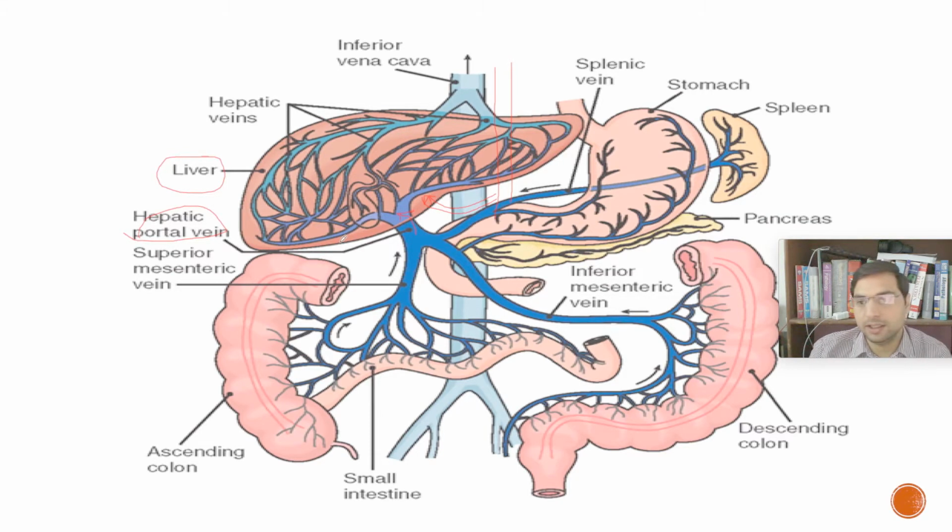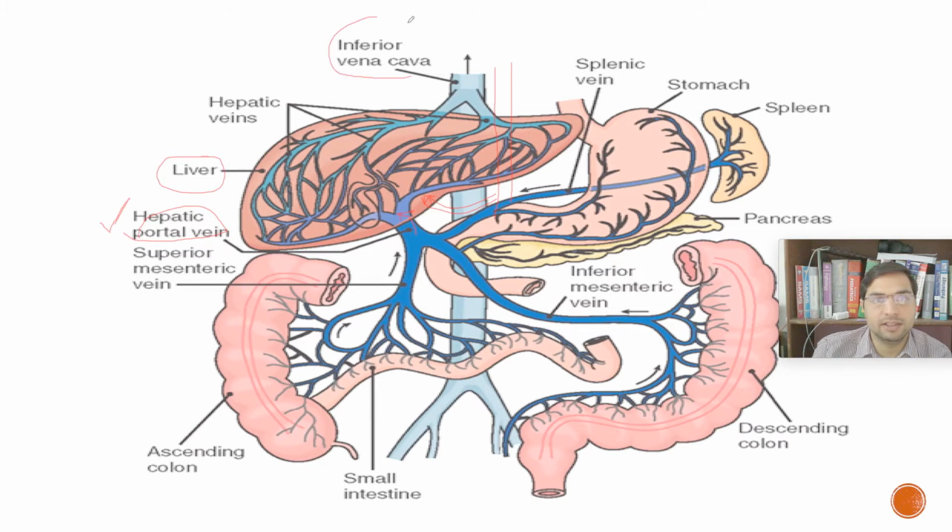Now, what is portal hypertension? Whenever there is hypertension in this portal vein, we call that portal hypertension. Basically the definition is the hepatic venous pressure gradient, that is, the difference in pressure between the portal vein and the inferior vena cava.